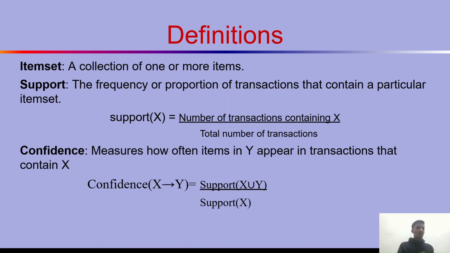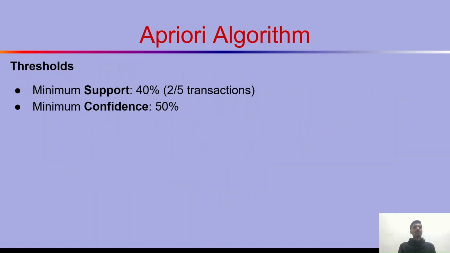Confidence is how confident we are about y when x came, like if bread came, how confident are we that butter comes. For this we use the formula support of x union y divided by support of x. For doing this we use the Apriori algorithm. We will show how it is applied.